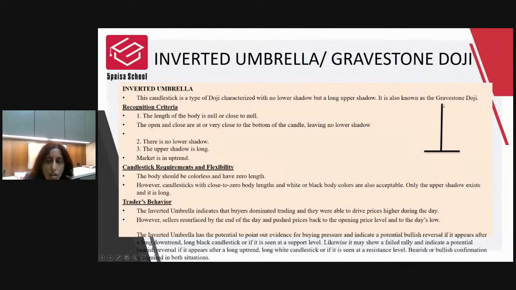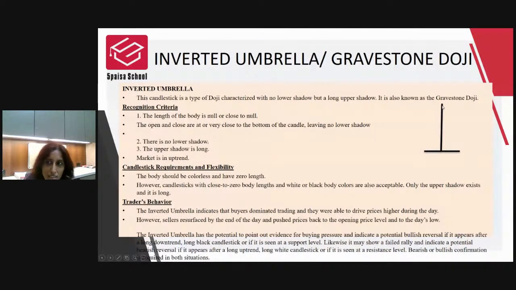So if you get to see something like this, you can always understand that the market is up, right? And what does it indicate about the traders' behavior? An inverted umbrella or a gravestone doji indicates that the buyers dominated the trading and were able to drive prices higher during the day.